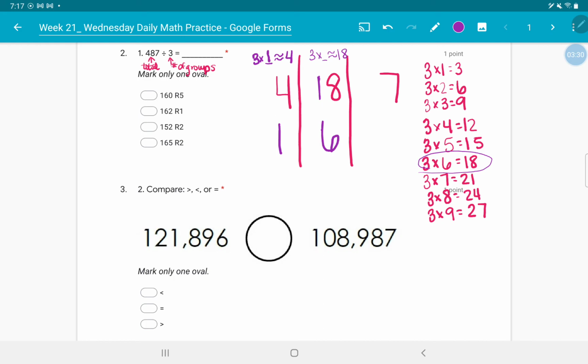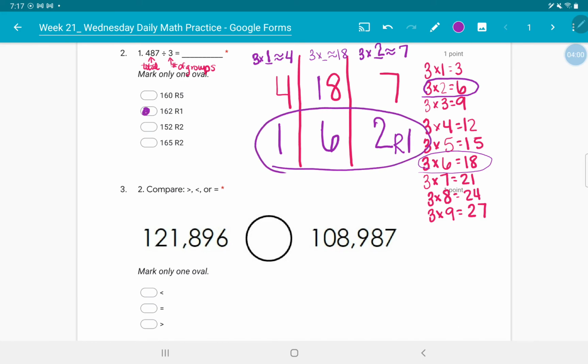So now I'm going to do 3 times what number gets me as close as I can get to 7 without going over. 3, 6, 9. 9's too much. So I'll have to go back to 3 times 2, which is 6, and I would have 1 left over. So my answer is 162, remainder 1.